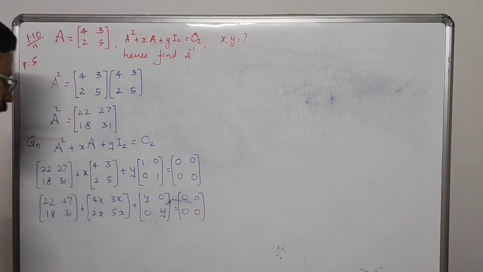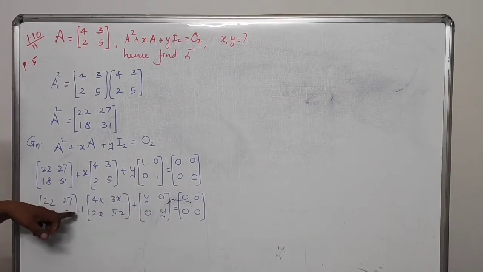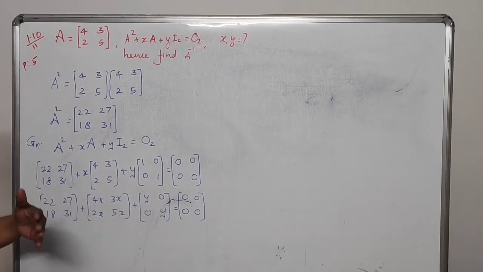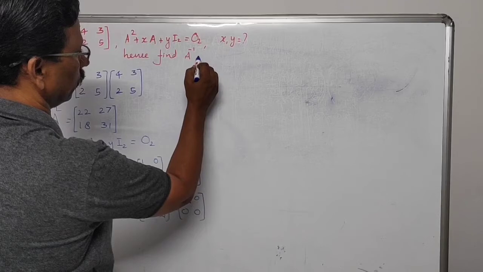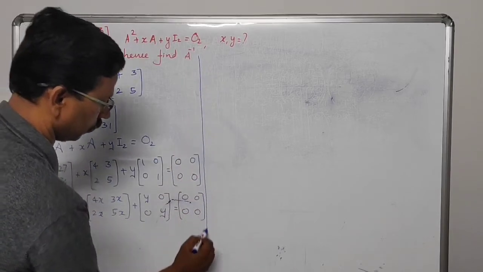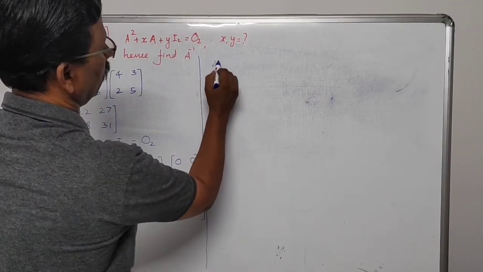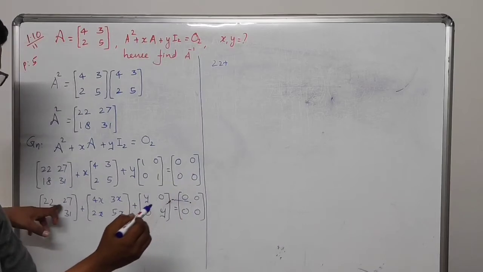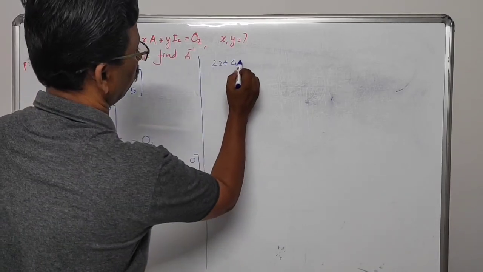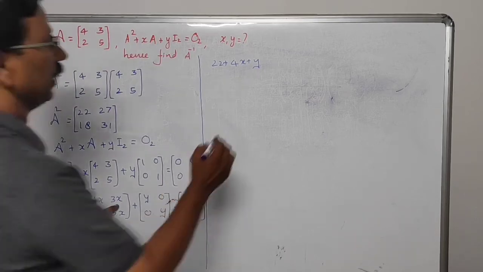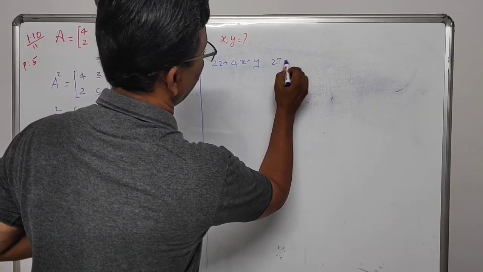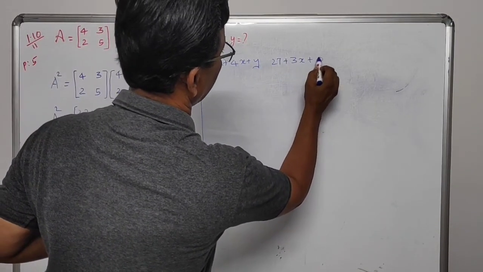Yes, now we can add all these three matrices. You know, whenever we are adding matrices, you have to add their corresponding elements. Therefore, you can add the first elements. That is, you can get 22 plus 4x plus y, then 27 plus 3x plus 0.